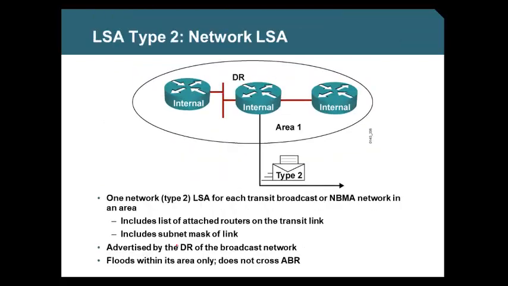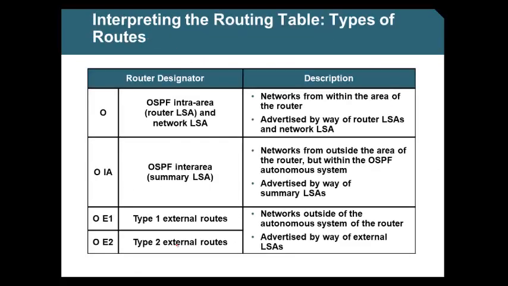Now, in your routing table, if you see O, what does that mean? Those routes are learned from the same area. If you see O IA, what does that mean? Coming from another area. IA means inter area. Now, what LSA brings other area routes?